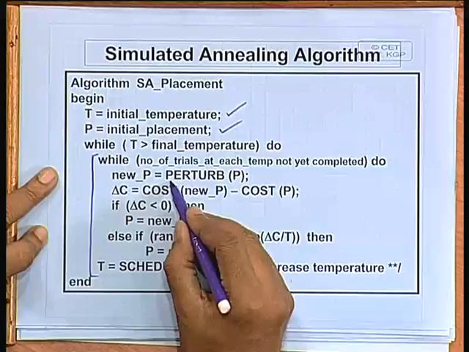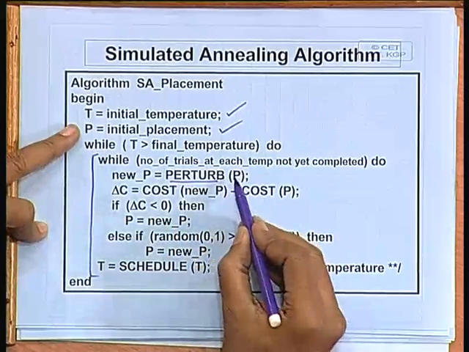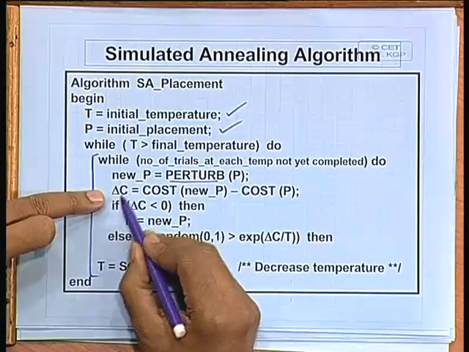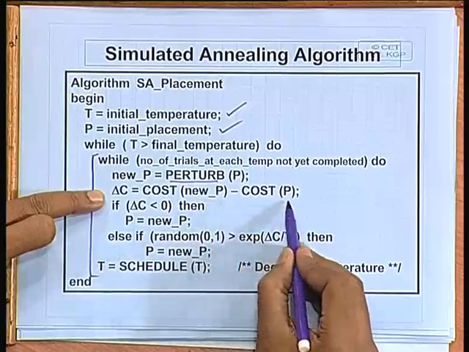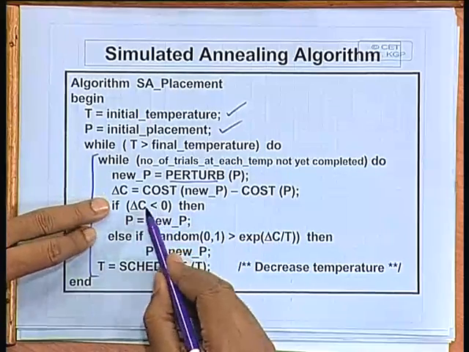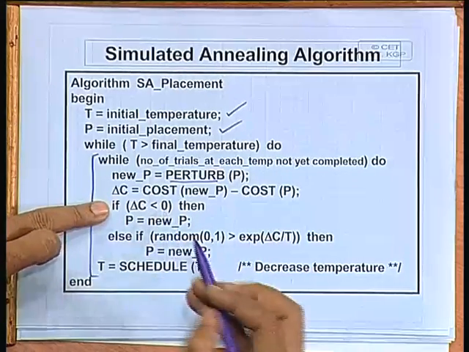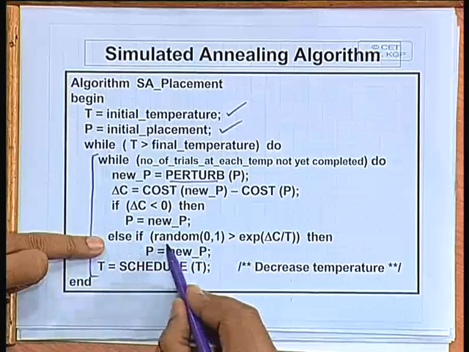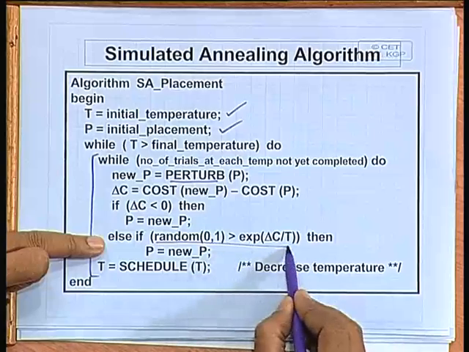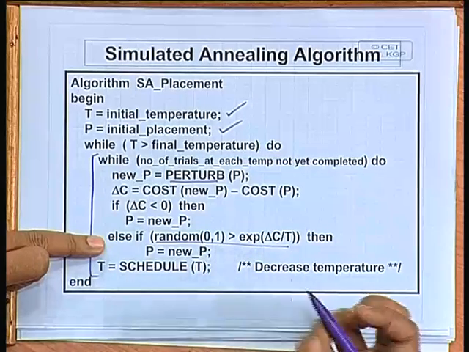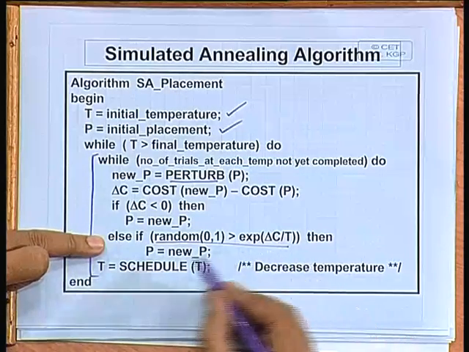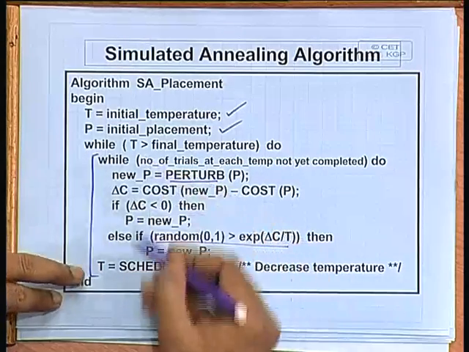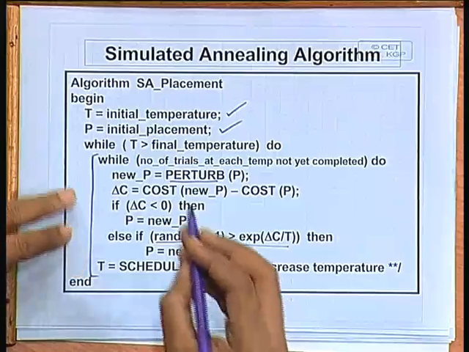Again, you call a function perturb to modify the solution P to get a new solution new P. You determine the incremental cost increase delta C. If the cost is negative, then there is a better solution, you take this as a new solution. Else, based on a random number and that probability, you accept it or else you do not accept it.